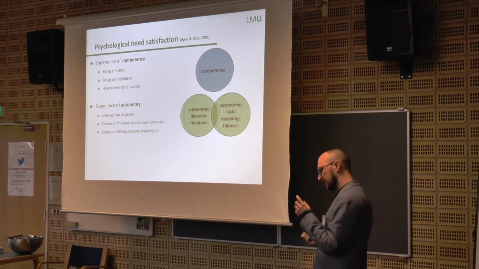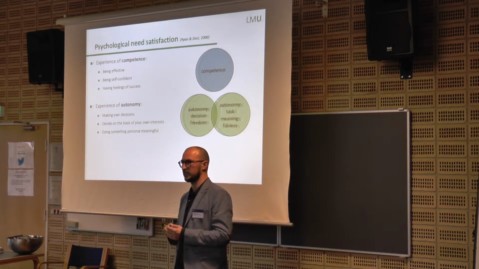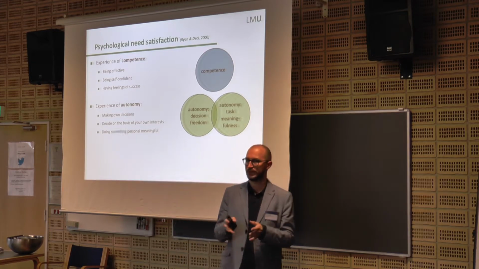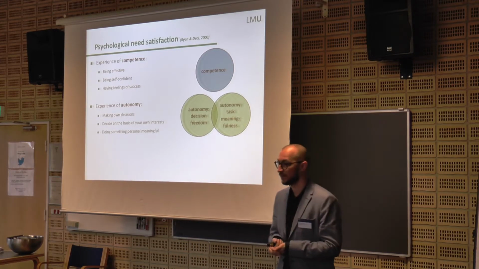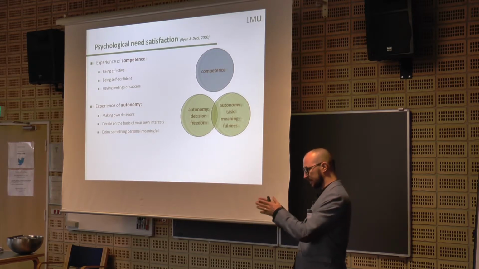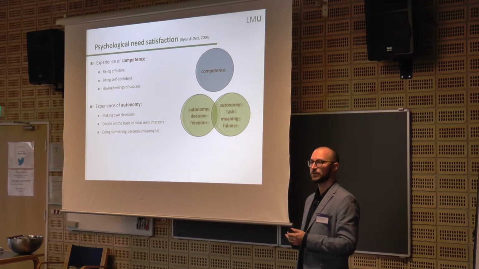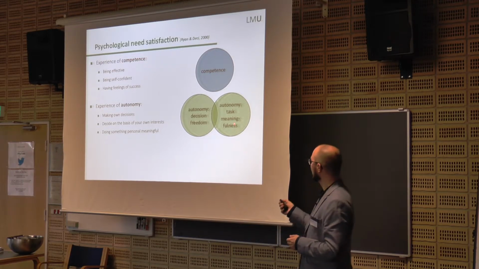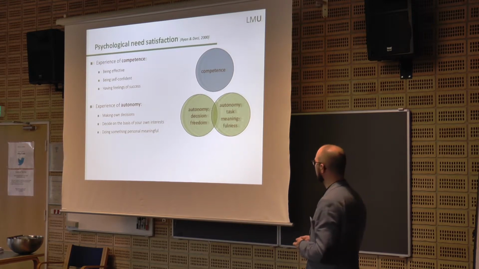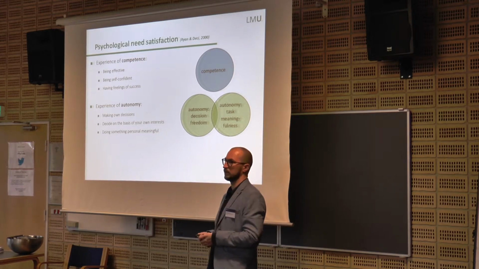And Deci and Ryan say you don't necessarily need a lot of choices to experience autonomy. If the one choice you have within a game is the one that matches your own interest, the option you want to go for, then it's enough to have one. And that's the part of task meaningfulness. So if you experience task meaningfulness, you can also have experiences of autonomy.